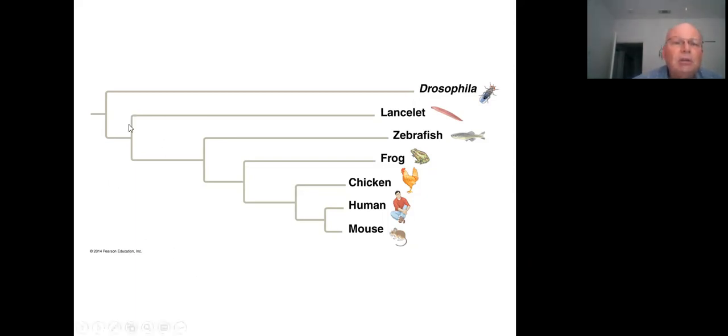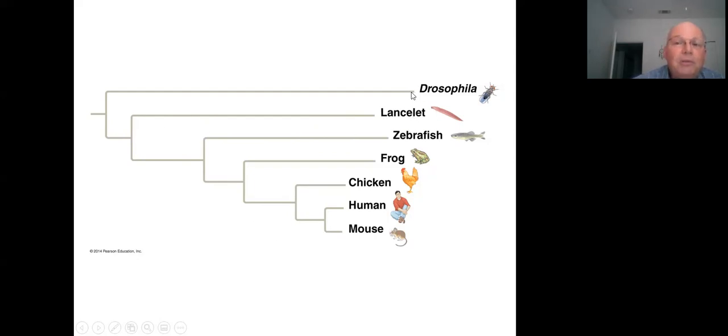In this case, the length of the horizontal line is a reflection of the number of genetic changes that have occurred since the divergence point occurred between, for instance, the lancelet and the common ancestors of the rest of the clade.